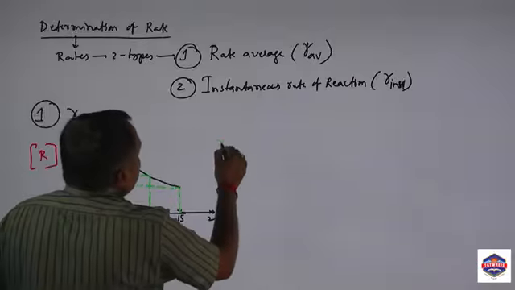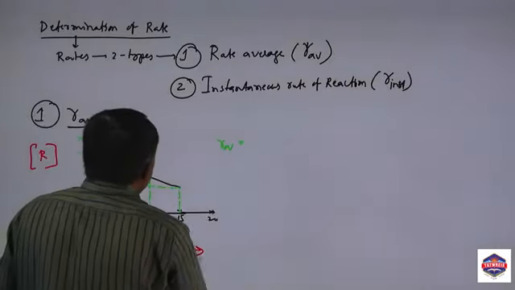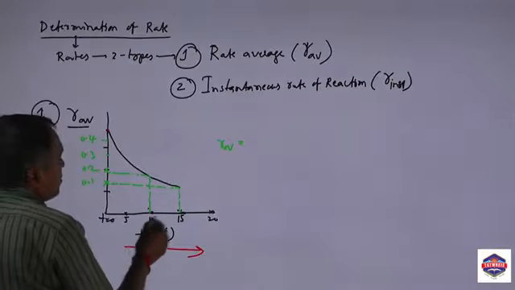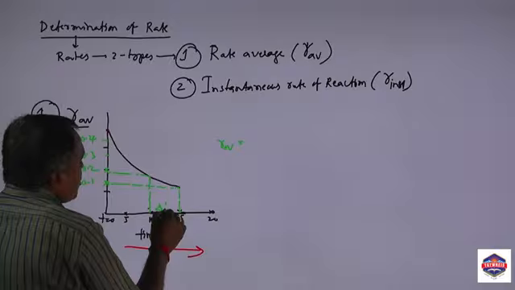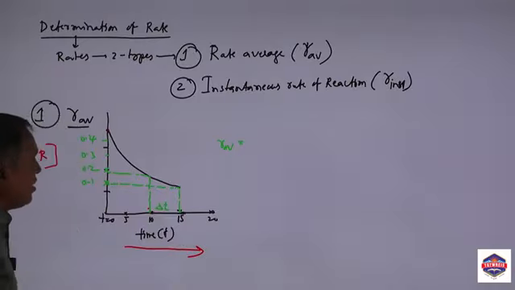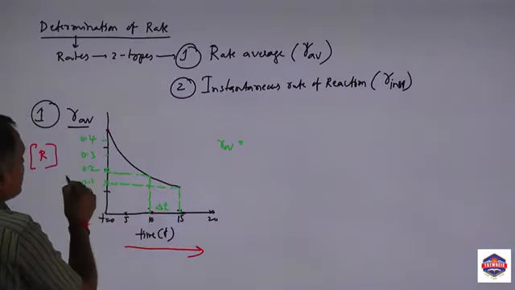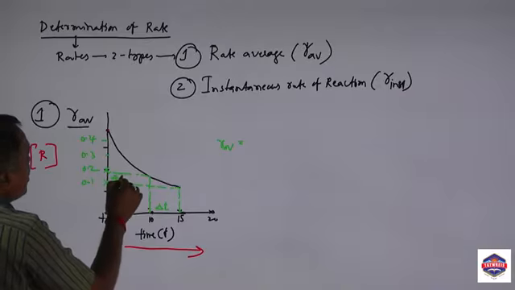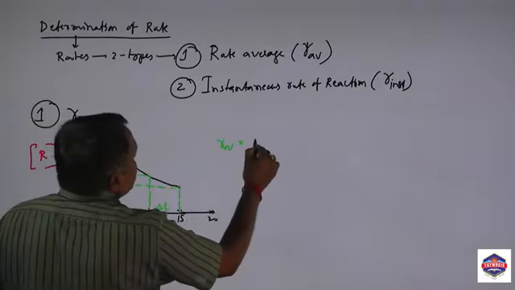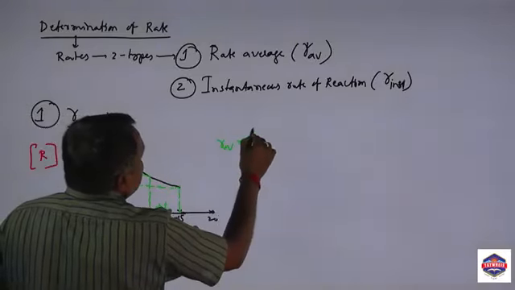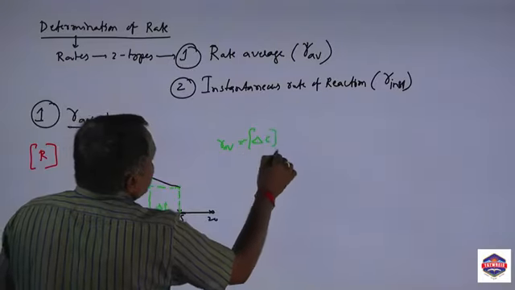Therefore, rate average is equal to the change in concentration, delta C or dC, divided by the change in time, delta t. Therefore, R average is equal to minus delta C by delta t.